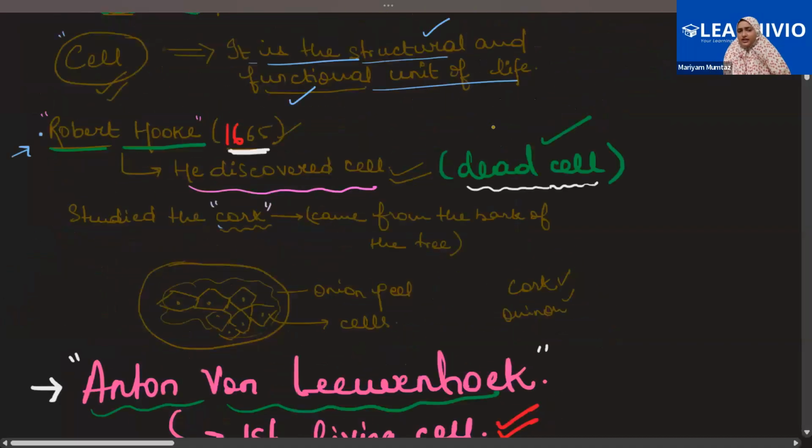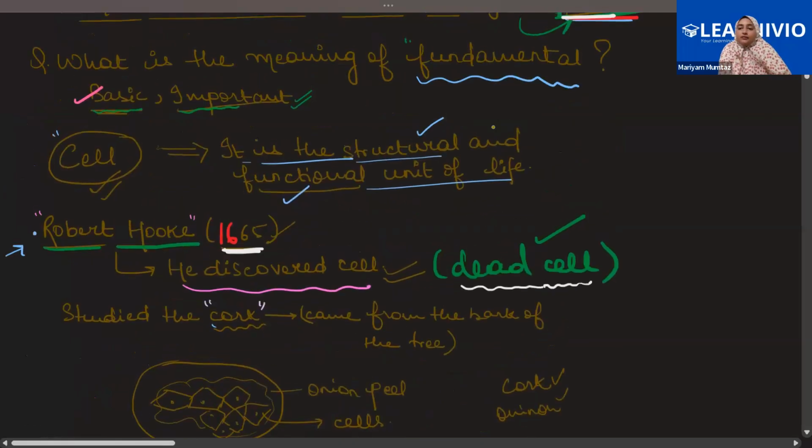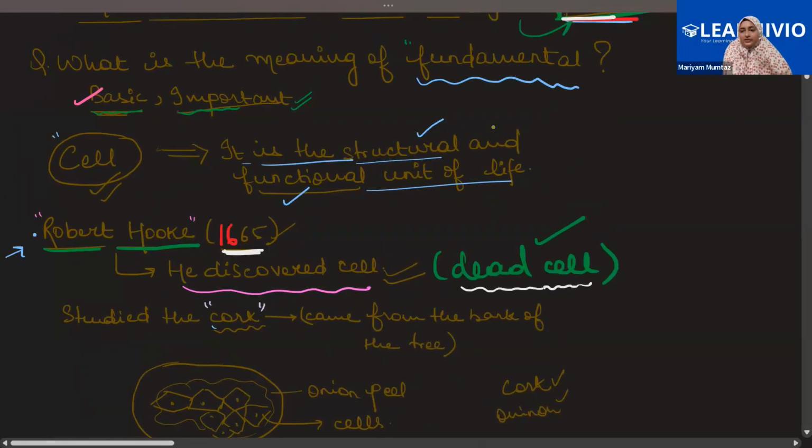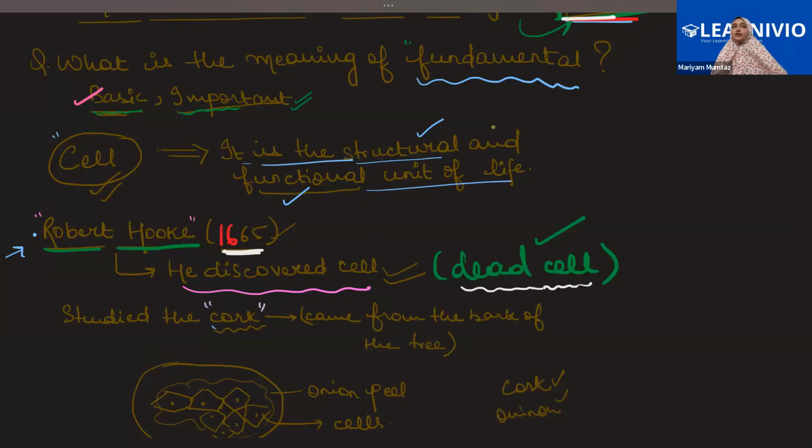Now, initially, people did not know what a cell was. No one knew. Slowly, when scientists and biologists started to study things, they started to discover things. At that point in time, there was this person called Robert Hooke. In the year 1665, he discovered the cell.